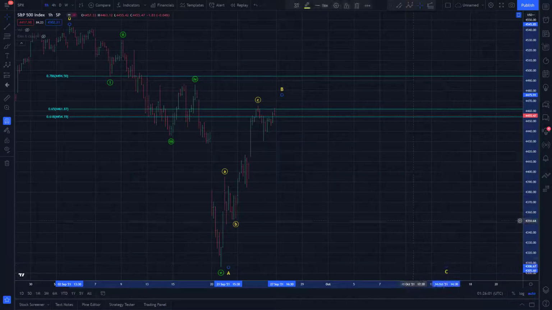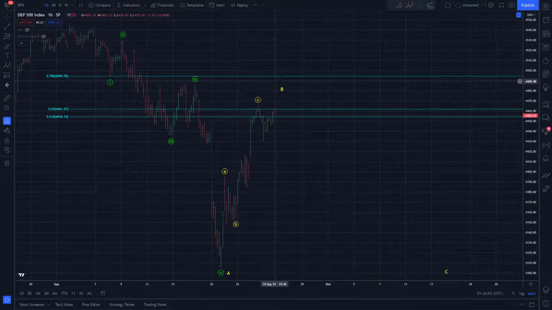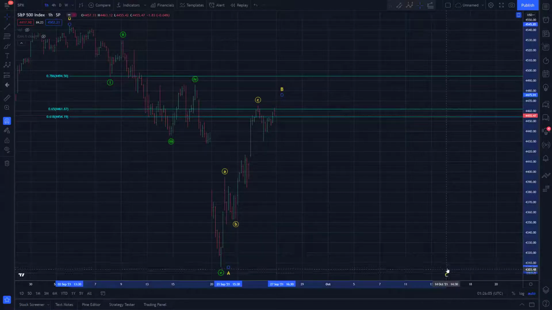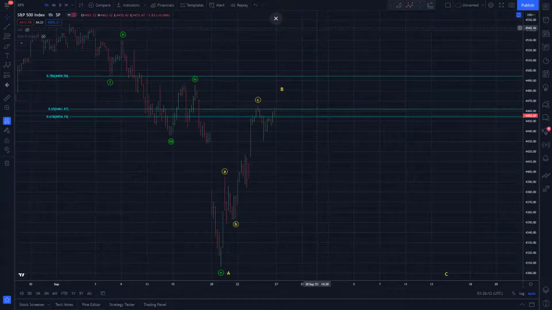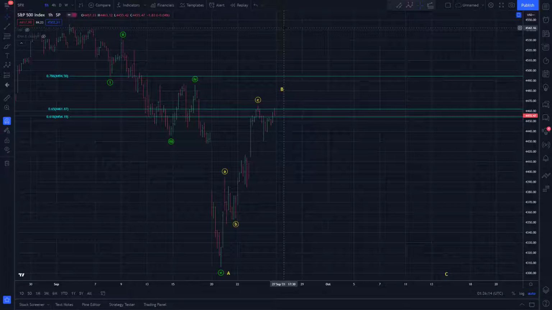Or if it's more bearish, this could be wave 1 down, wave 2 up, and we're looking for a wave 3 down. If we do roll over here and make a move down and take out these lows, we'll be able to gauge the strength of that move down as to whether it's just an ABC or a 1, 2, 3, 4, 5 in progress. So we don't know yet.